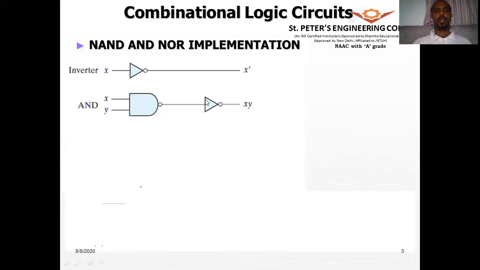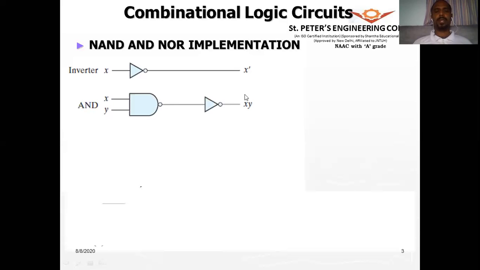So when you give it to that inverter, here you get X and Y whole complement, and here you will get X and Y whole double complement. With a double complement, you get back the same answer, that is X, Y. So the double complement will cancel, that means one complement will cancel the other.